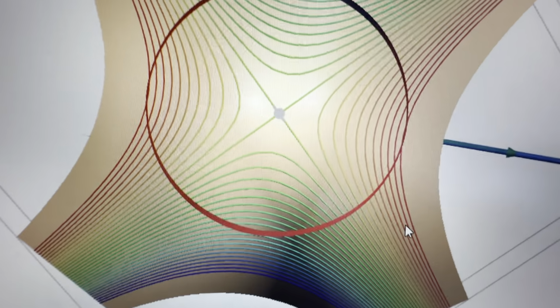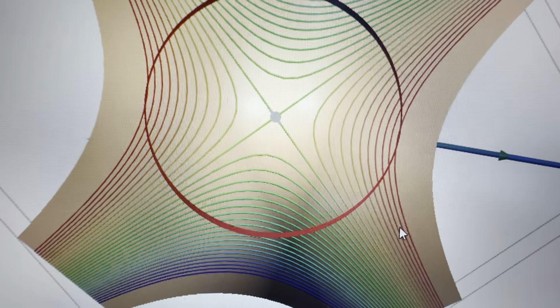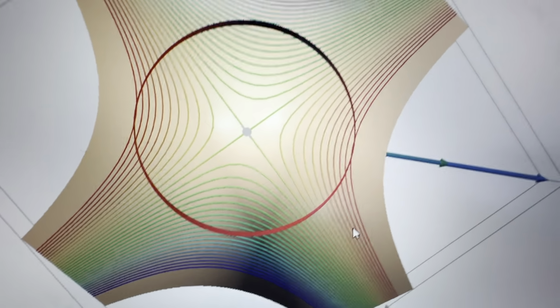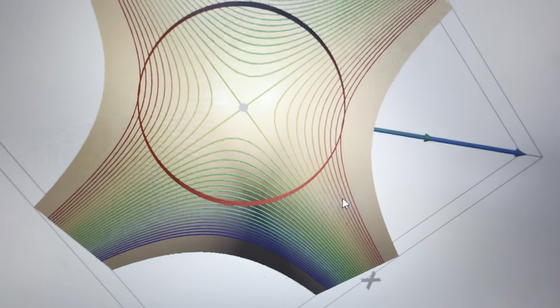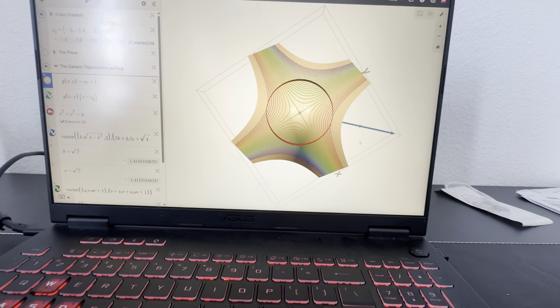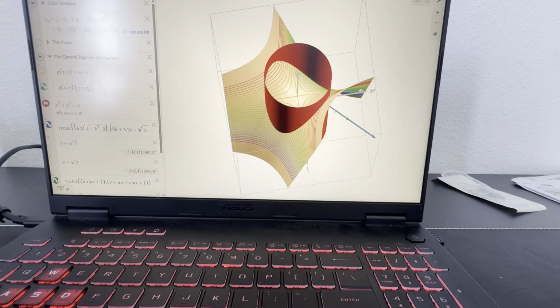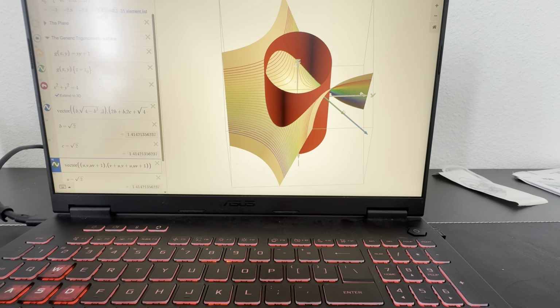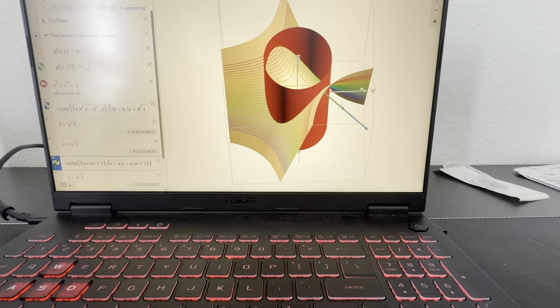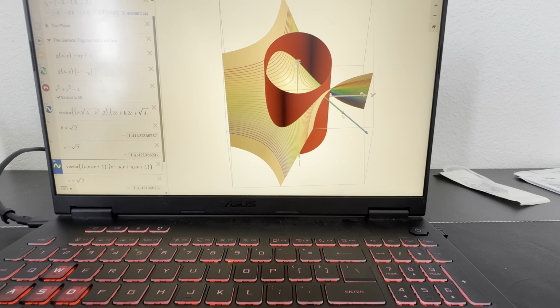And another thing we know about level curves is that the gradient vector is perpendicular to level curves of any function. So since they're tangent at that point right there, that means their gradient vectors are parallel, okay? And that means they're scalar multiples of each other.